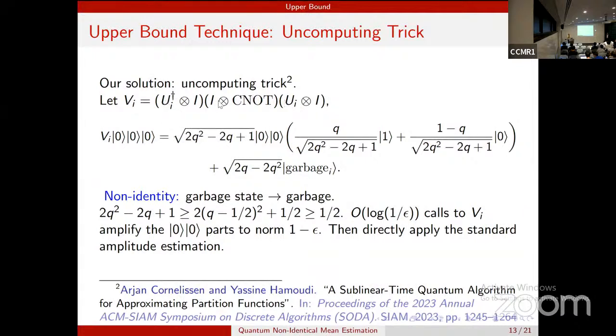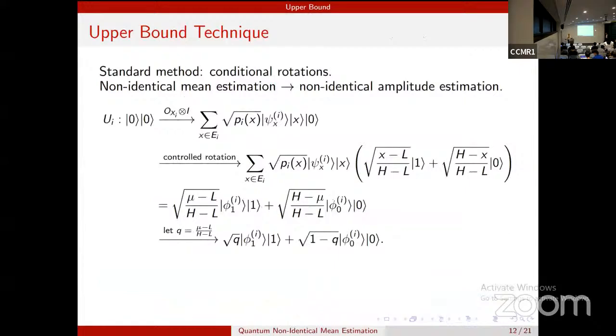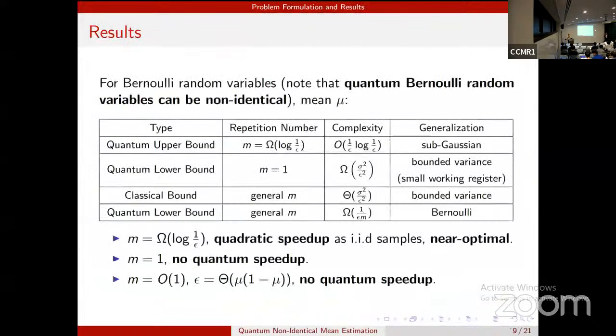So the queries to O and O dagger always appear in pairs. So I guess the result may be that if we have some constant repetition number, it may give some quantum speedup for sufficiently small epsilon.